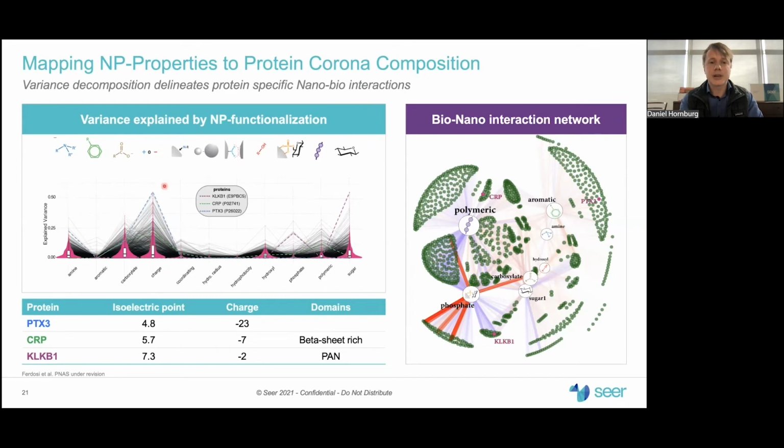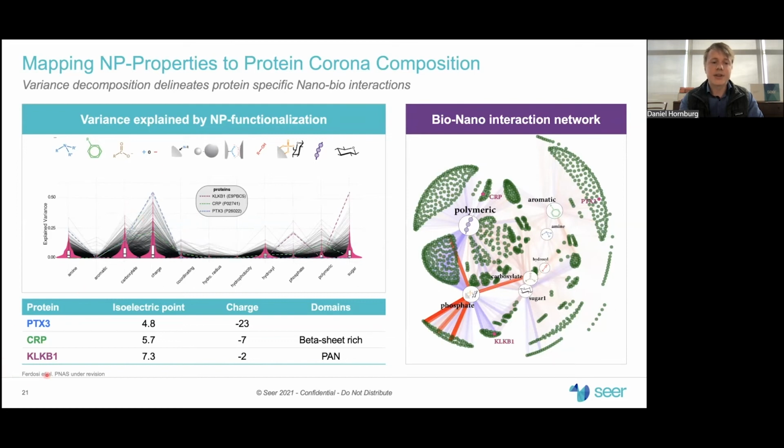And we can now pick out a couple of proteins, for example, here the PTX3, which seems to be explained mainly by charge. And if we look at the isoelectric point of the protein and its predicted charge under the assay condition, it makes a lot of sense that given that it has a very negative charge, it is actually driven mainly by a charge characteristic of a nanoparticle.